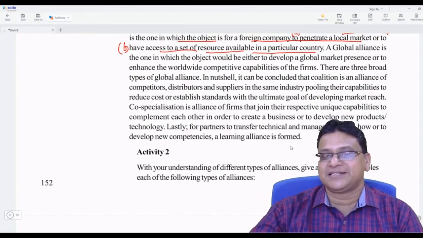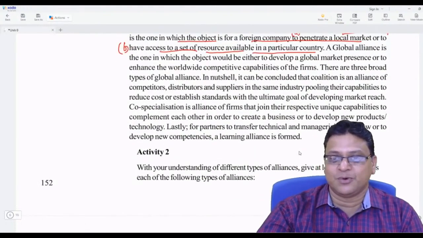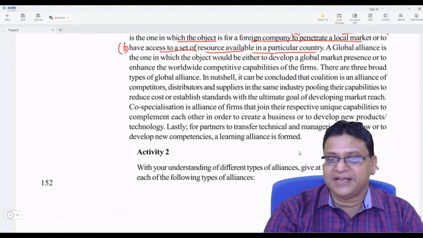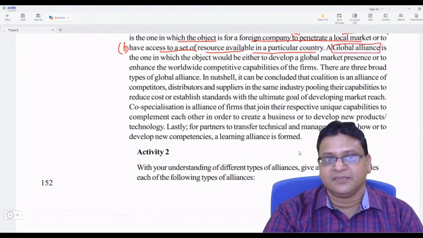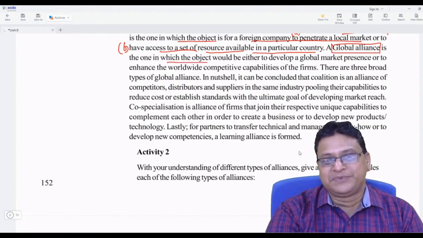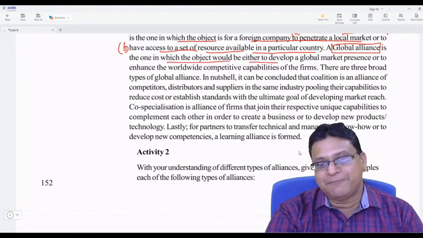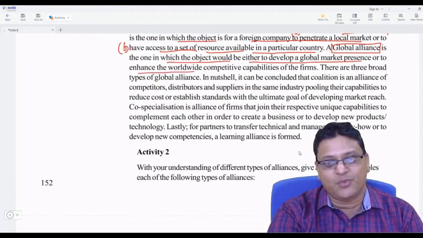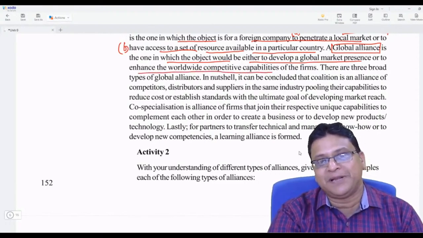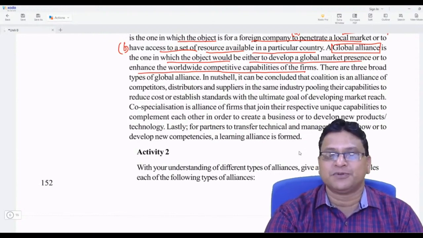What is a global alliance? A global alliance is one in which the objective is either to develop a global market presence or to enhance the worldwide competitive capabilities of the parties. Two purposes.